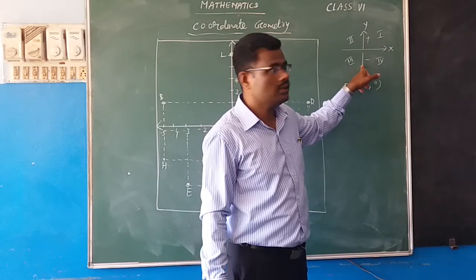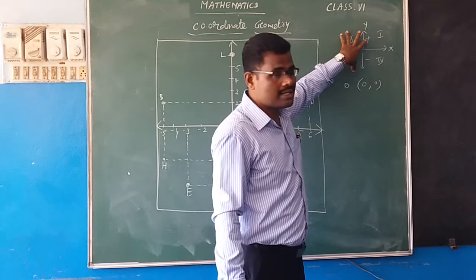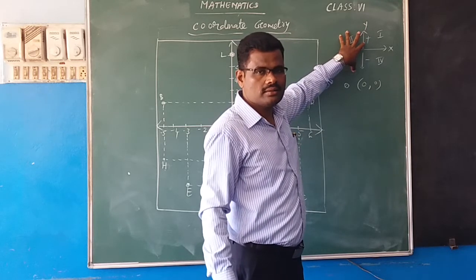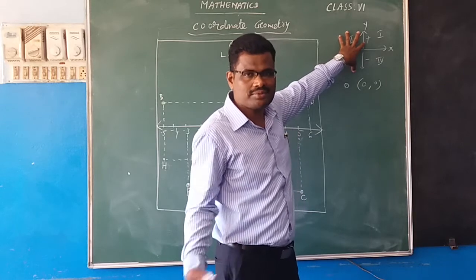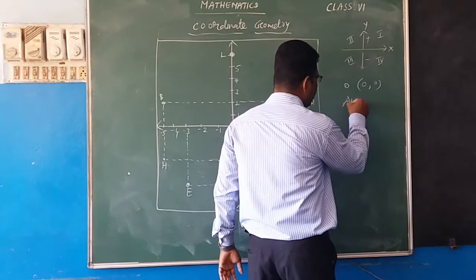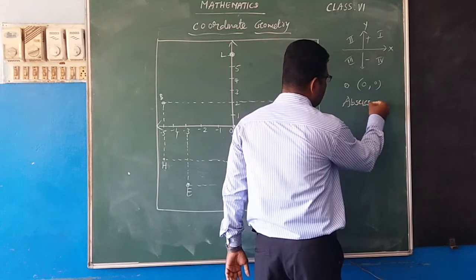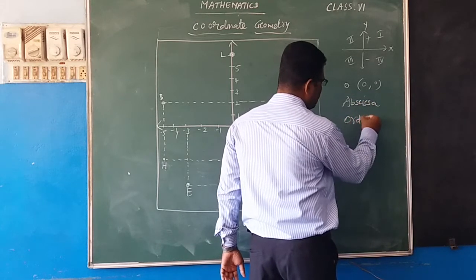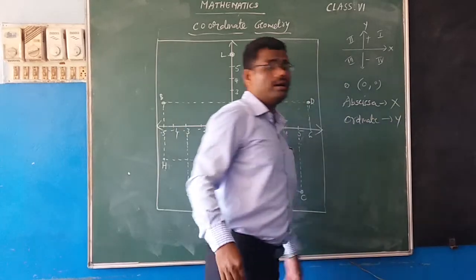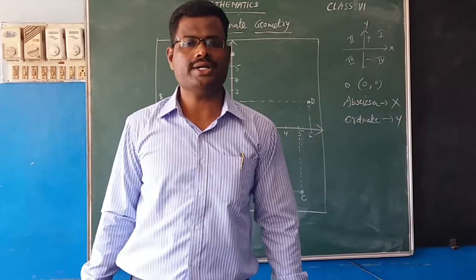Understood? This we have seen in the last class. Also, X coordinates are called abscissa and y coordinates are called ordinate. Abscissa means x coordinates. Ordinate means y coordinates.